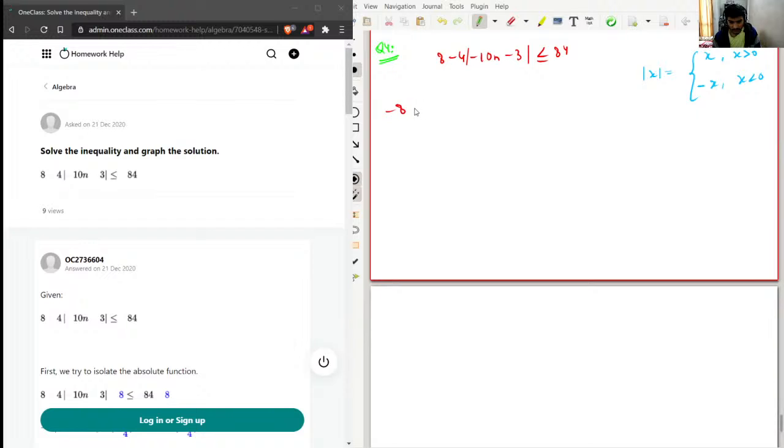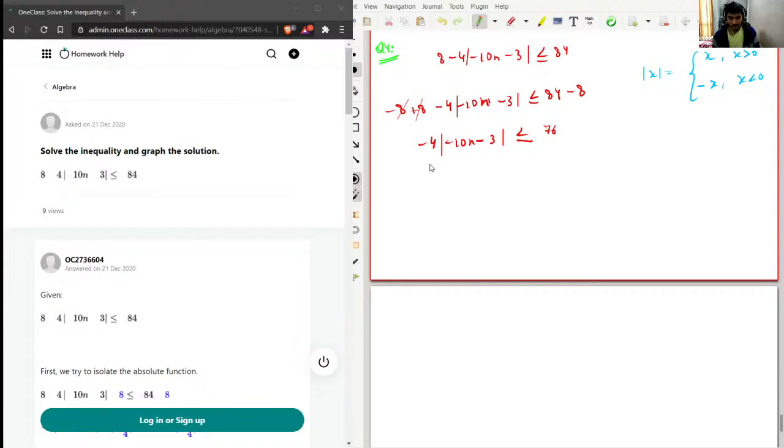So minus 8 plus 8 minus 4 times magnitude of minus 10n minus 3 is less than equal to 84 minus 8. So this and this will get cancelled, and this will be minus 4 times magnitude of minus 10n minus 3, and 84 minus 8 will be 76.